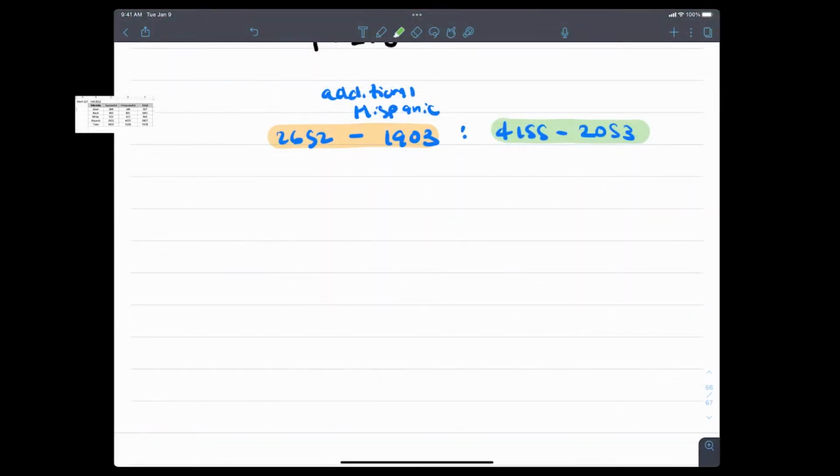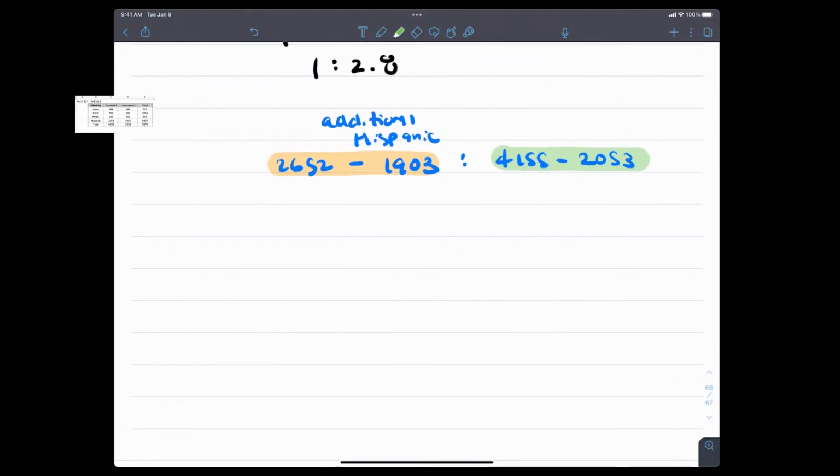And we're looking at this in the iPad. So we got this information in the iPad here. Additional Hispanic, this is those who pass or are successful, and here we're not successful.